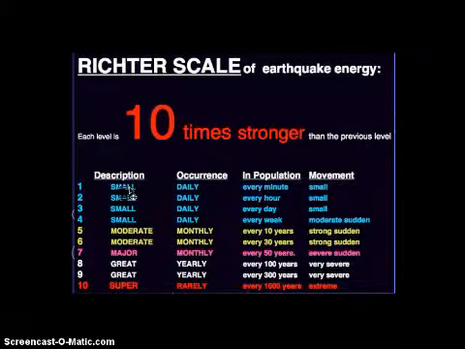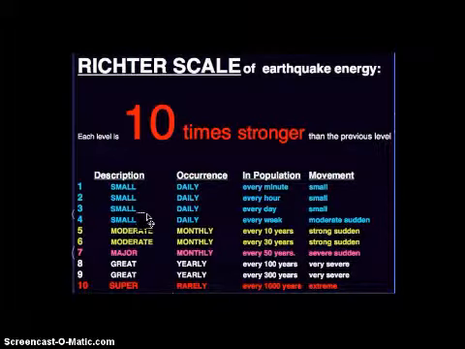Now, usually people do not see or feel anything lower than a 3 or a 4 because our bodies aren't able to detect that small amount of movement. But when it starts getting into the 5s and 6s, you can really start to see it. And then 7s, 8s, 9s.